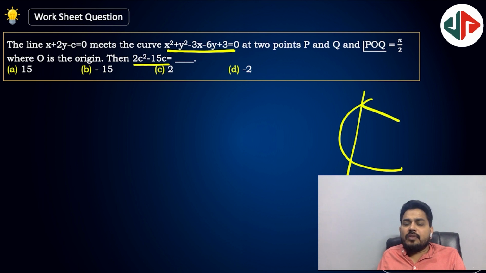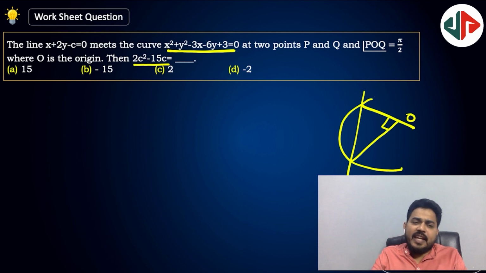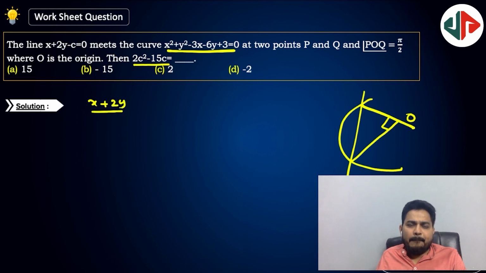Now this angle is 90 degrees. What is the value? Again, the same approach. You can write it as (x plus 2y) by c is equal to 1. Given equation has second degree terms x square and y square, and a first degree term, minus 3 times (x plus 2y).